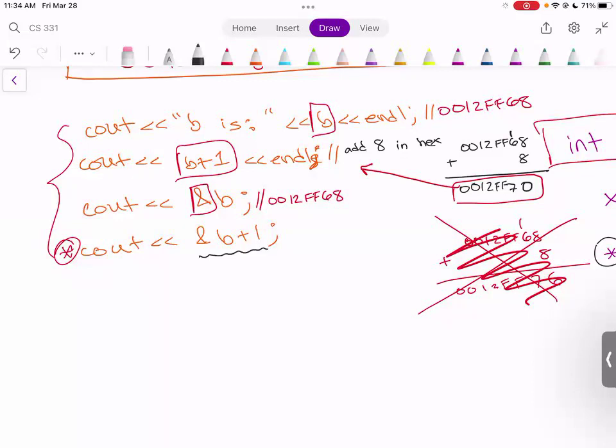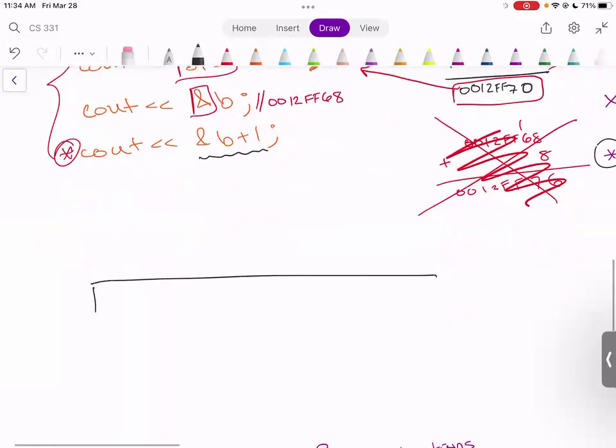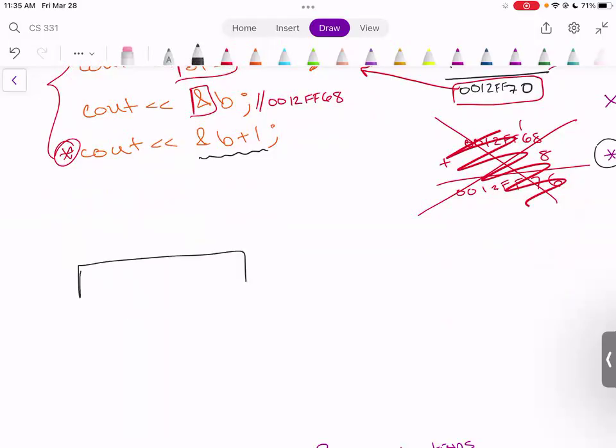Okay, first of all, 2D arrays in a computer are really represented just as a 1D array. So you have 1, 2, 3, 4, 5, 6. Right here is B and also B plus 0.